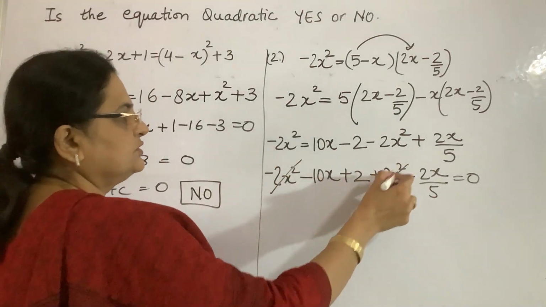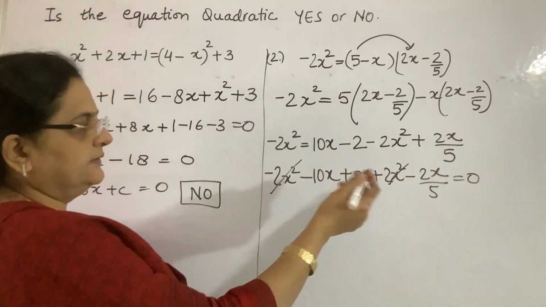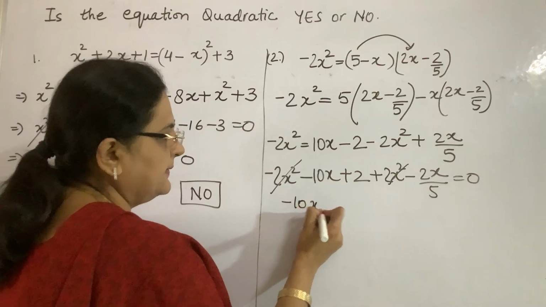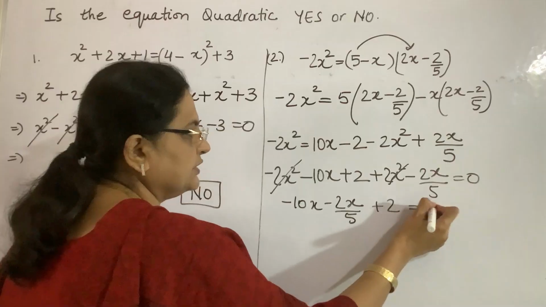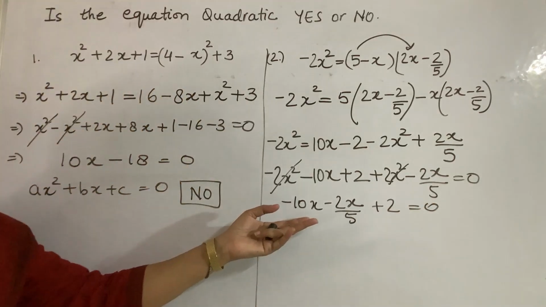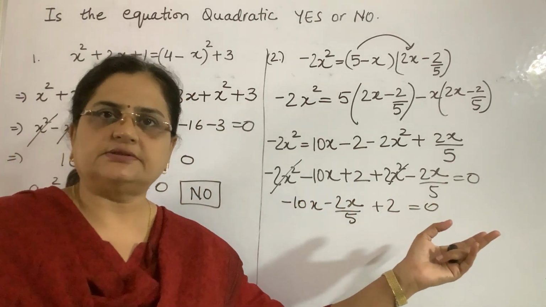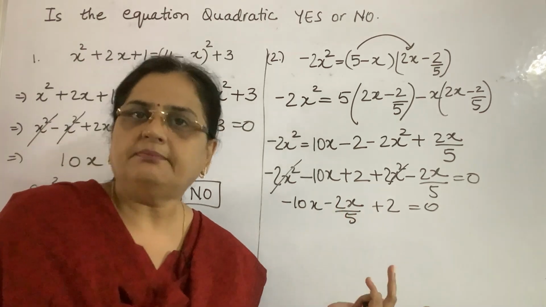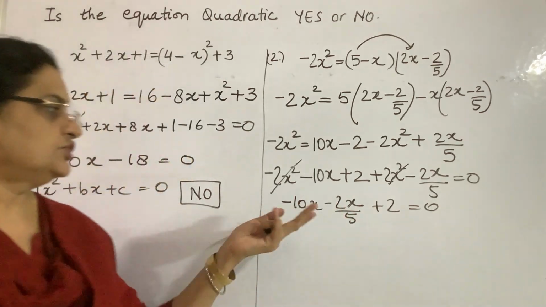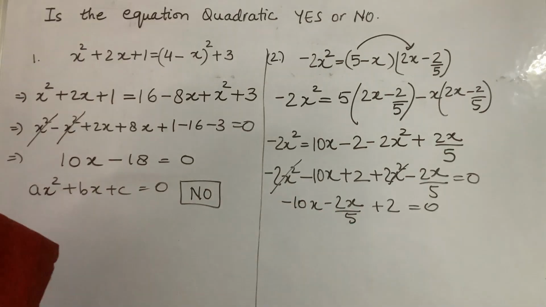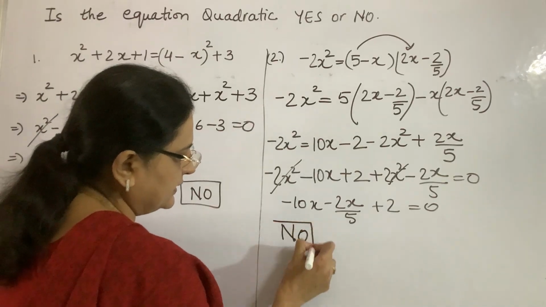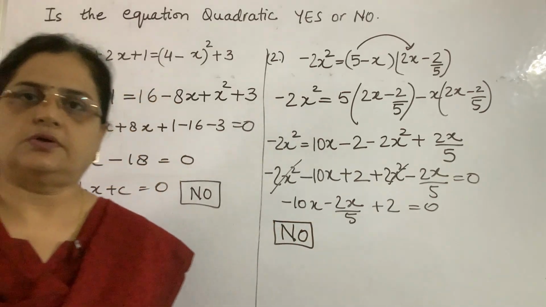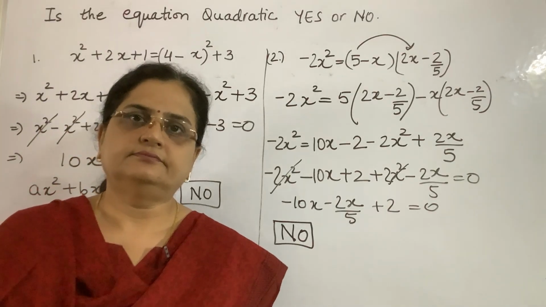So this goes, so you are left with minus 10x minus 2x upon 5 plus 2 is equal to 0. So here only, don't go into simplification, because it is just a multiple choice question, yes or no. So over here only you can see that the x square term is missing. So what will you do?